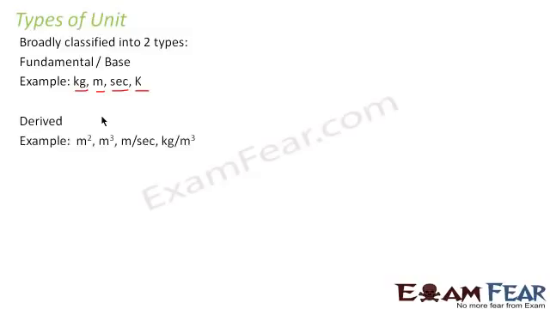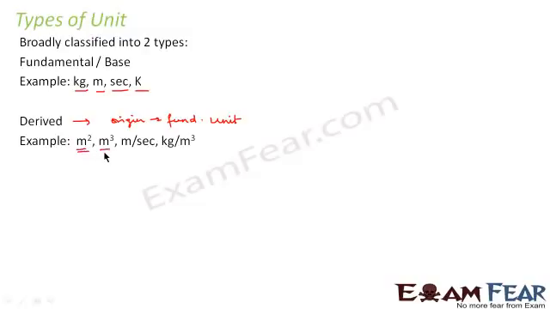Similarly, derived units are always derived from fundamental units. That is, their origin is the fundamental unit. For example, the unit for area is meter square. Now, meter is a fundamental unit, so meter square is a derived unit.